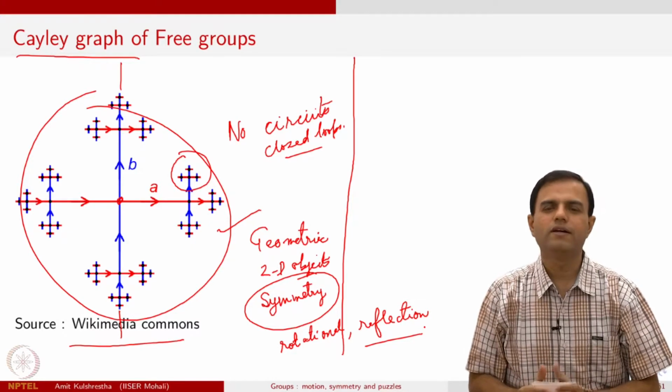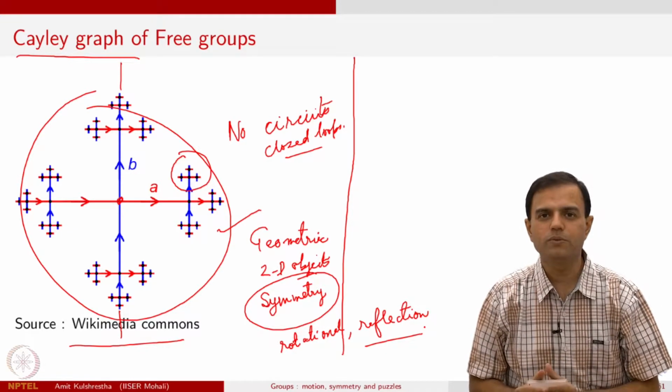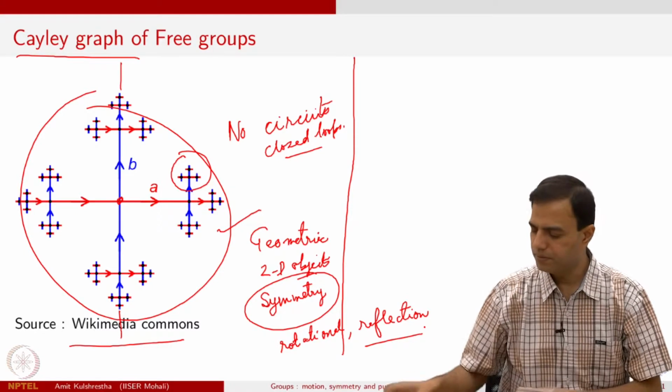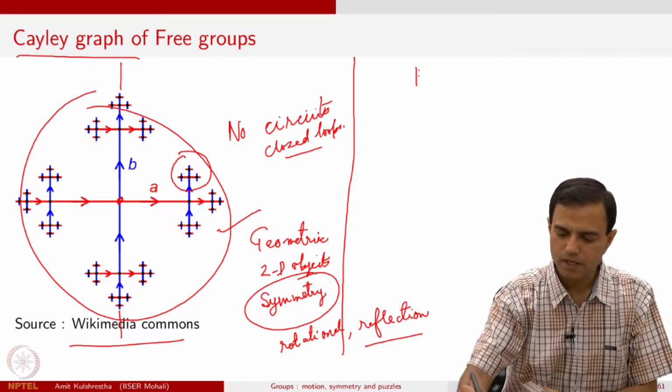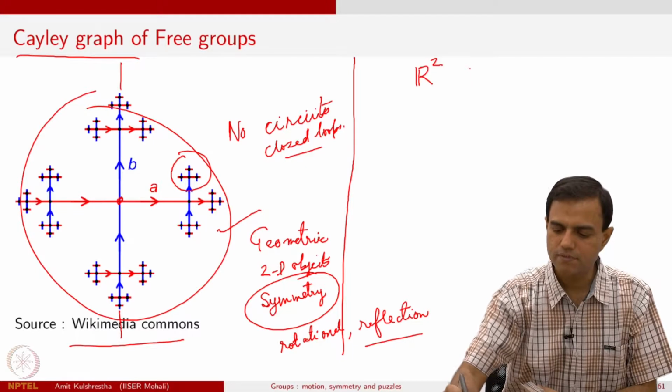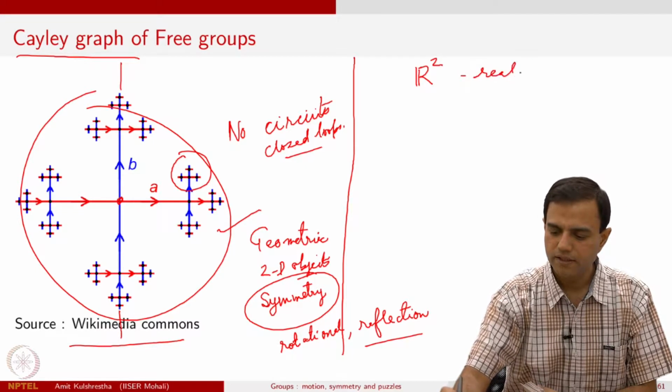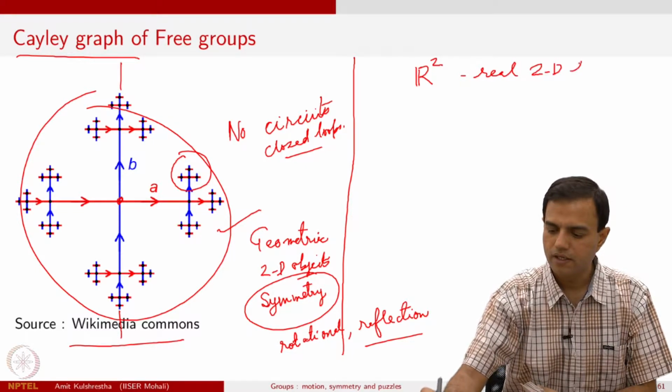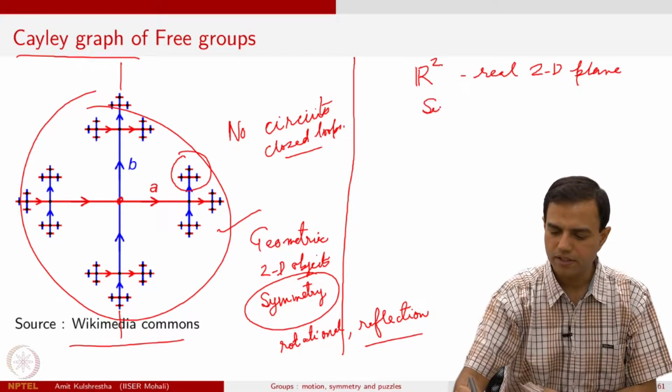So how to understand symmetry in two dimension? In R2. R2 is the real 2D plane, and how to understand symmetry?